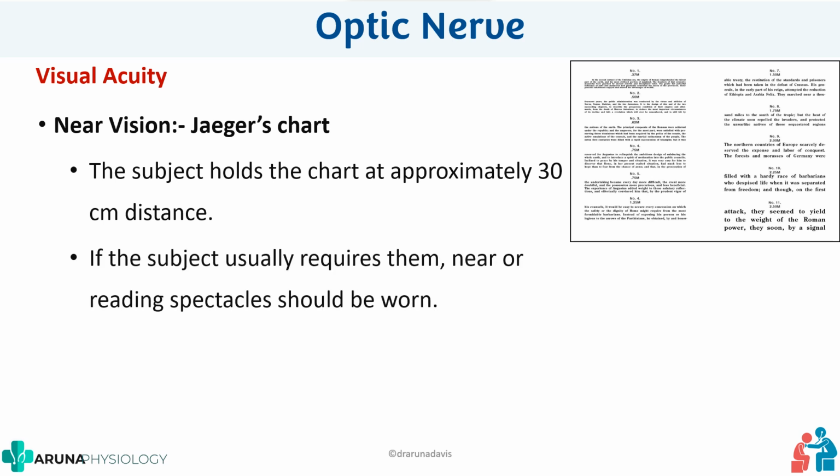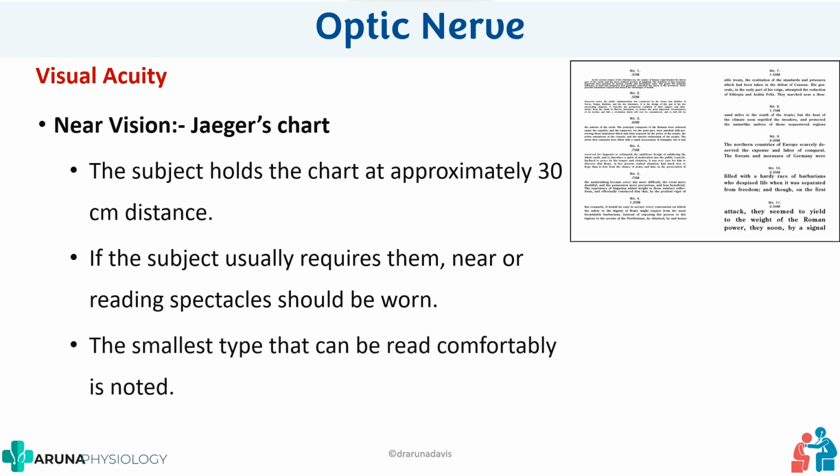If the subject usually requires them, the reading spectacles can be worn. Then the smallest type that can be read comfortably is noted. The normal line that a person can normally read is N5, which is somewhere here. This is the normal font which a person can read comfortably, so that is the normal near vision, which is N5.